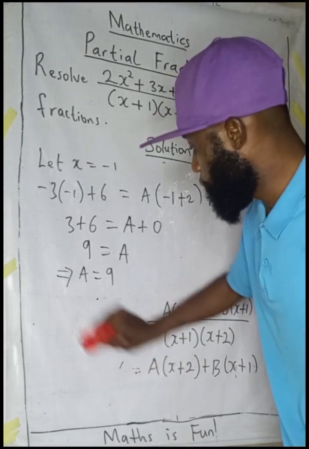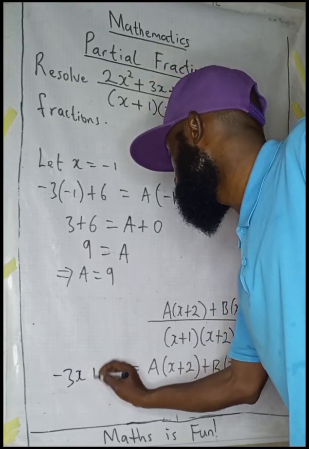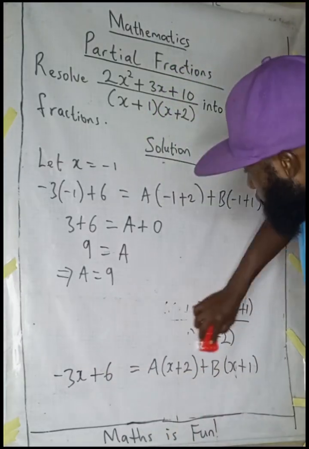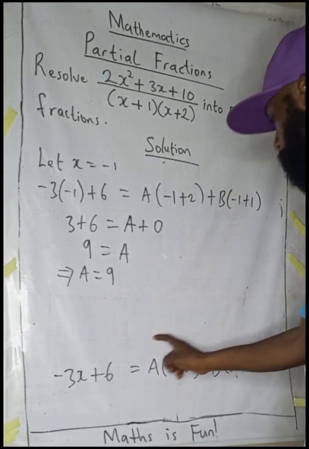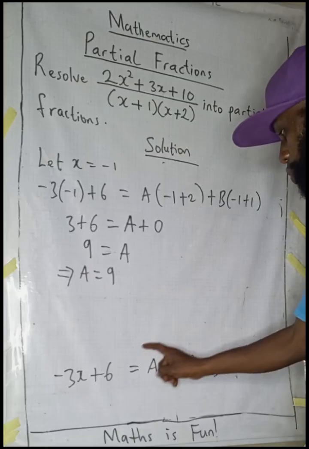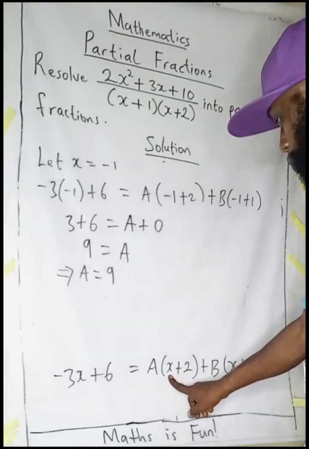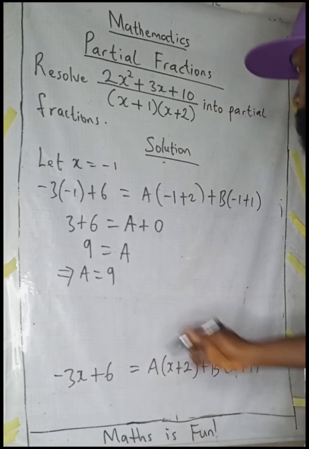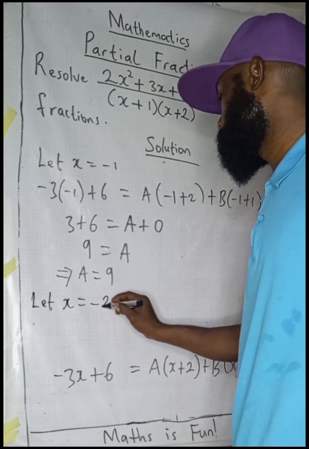We can proceed to find the value of b, using minus 3x plus 6, right? So let's use it to find b, which means we make everything around a become 0. This will become 0. And how do we make this become 0? Let's make this one become 0 by calling x minus 2. So we have minus 2 plus 2 is 0. Everything will be 0. So let x be minus 2.